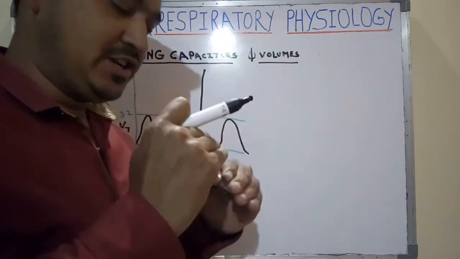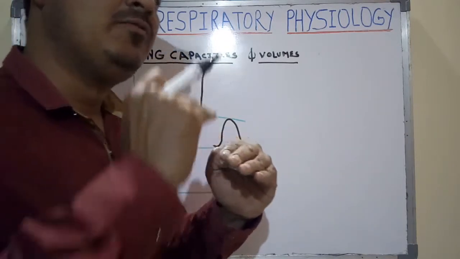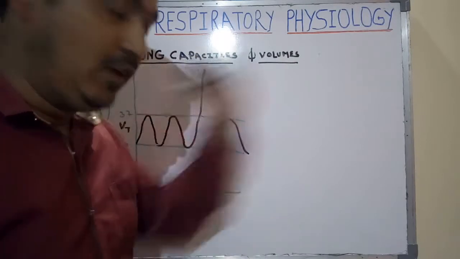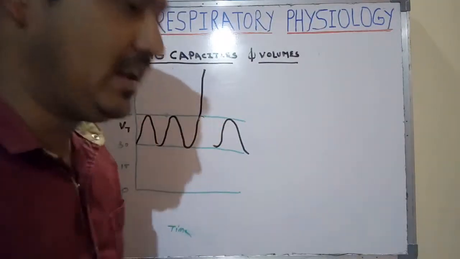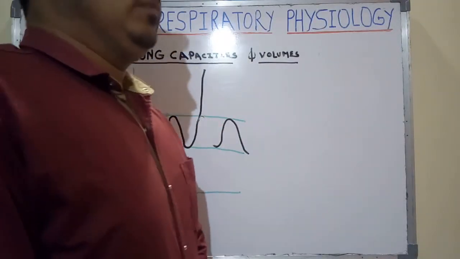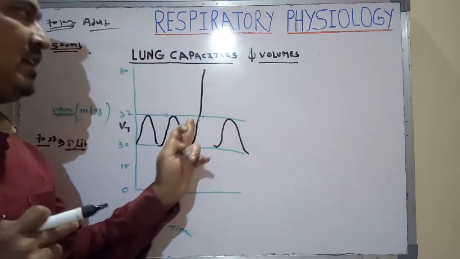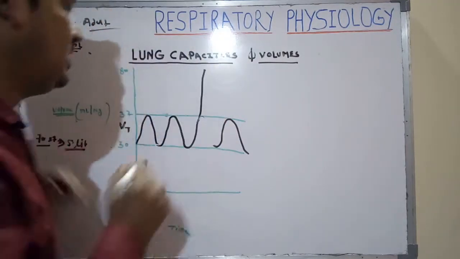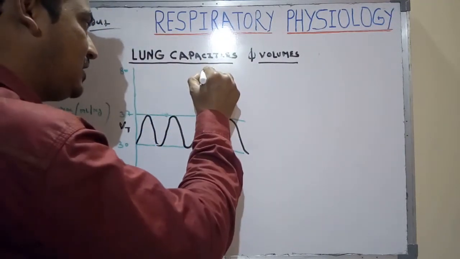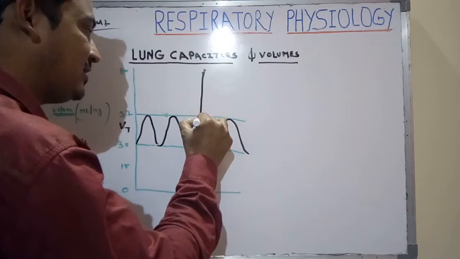After normal inspiration, if I am inspiring forcibly to the full extent of my capacity like this, I am just inspiring normally up to tidal volume, and then I am inspiring to full capacity. So some new value is created here.